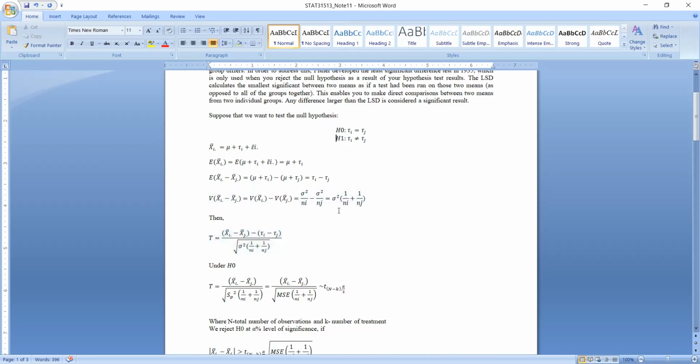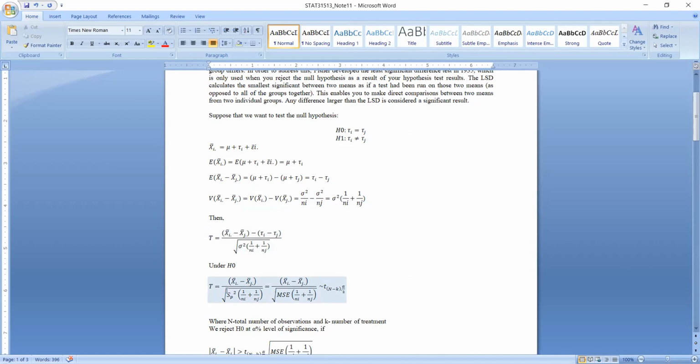This is the variance value, and you can take the square root of it to get the standard deviation. We know sigma squared is the population variance, so you can replace it by the sample variance.